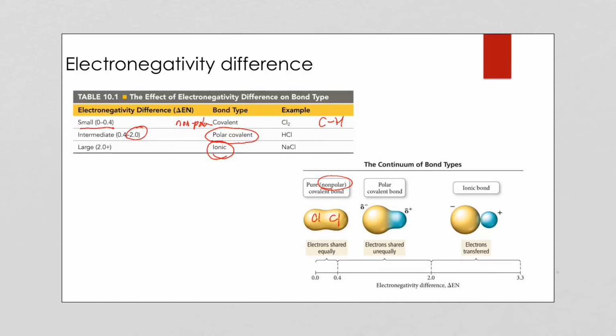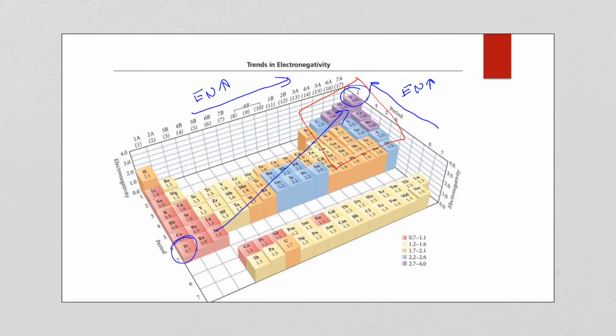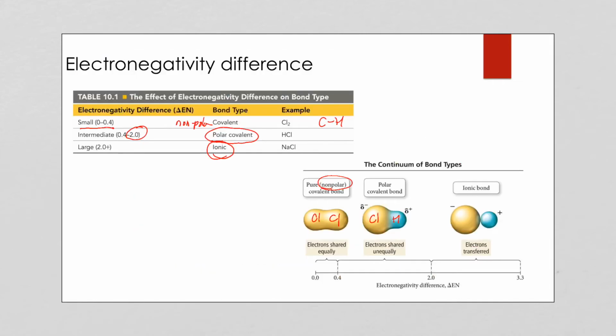Now, as you go onto this fairly large continuum of difference in electronegativity, you might see something like HCl, right? This has an electronegativity difference, and we could calculate that exact difference by looking back at our table. Cl has an electronegativity of 3, H has 2.1, so our delta electronegativity is 0.9.